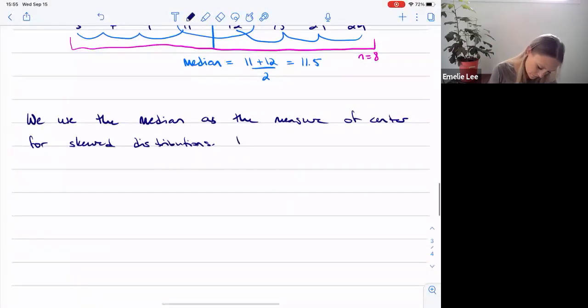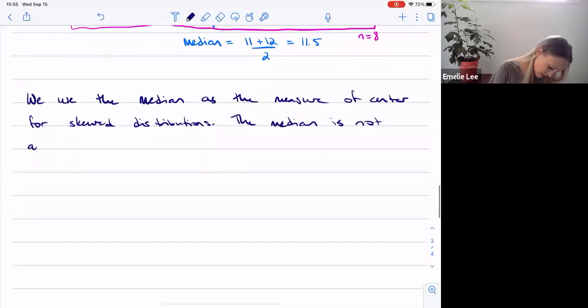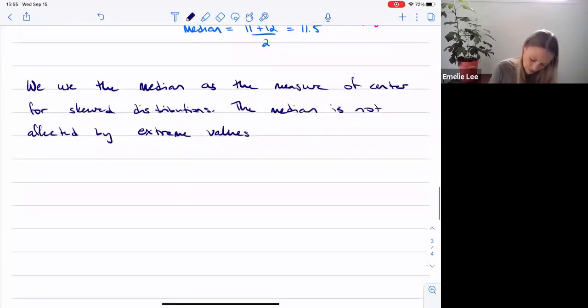The median is not affected by extreme values in the data.